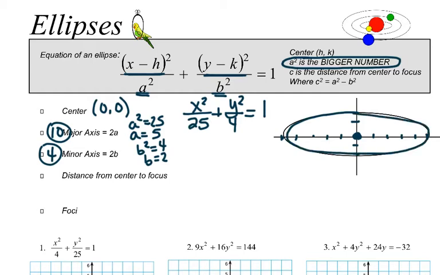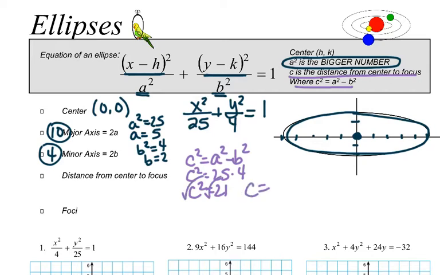Then we have our c, and c is the focus, or c is actually the distance from the center to the focus, using the formula c squared equals a squared minus b squared. So c squared equals 25 minus 4, or 21. When I square root that, I get plus or minus root 21.